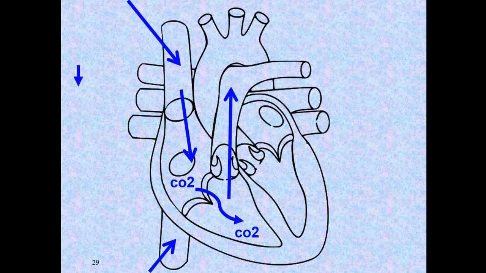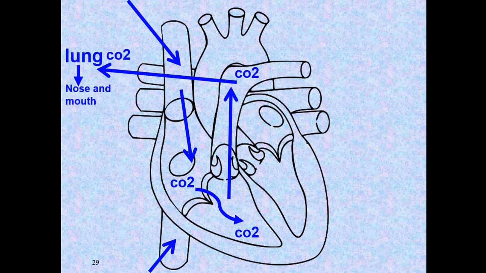Then the right ventricle pumps or pushes all the blood containing carbon dioxide into the pulmonary artery, and then the pulmonary artery goes to the lung to give it the carbon dioxide, and the lung gets rid of it through the nose and the mouth.